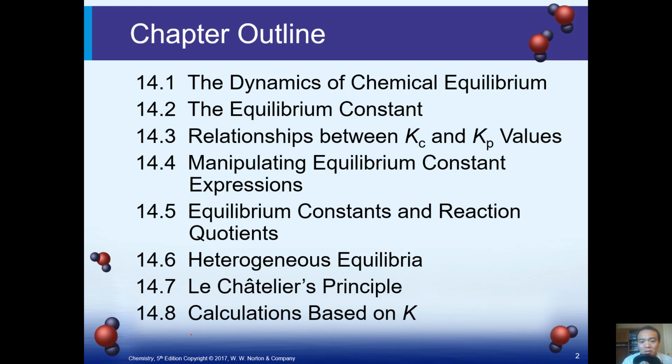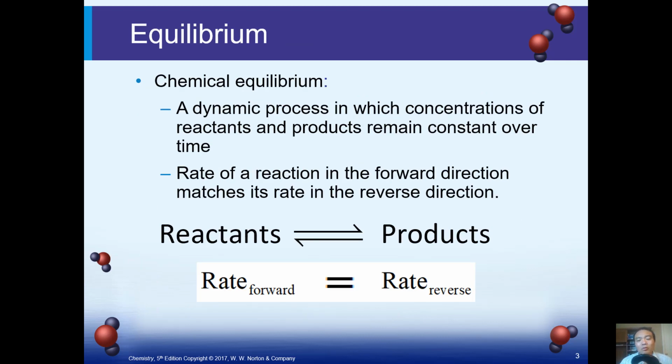So let's start the first topic, which is the dynamic nature of chemical equilibrium. When a chemical reaction reaches chemical equilibrium, one key feature is that the rate for the forward reaction and the rate for the reverse reaction are exactly the same.